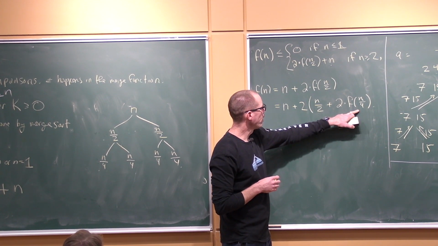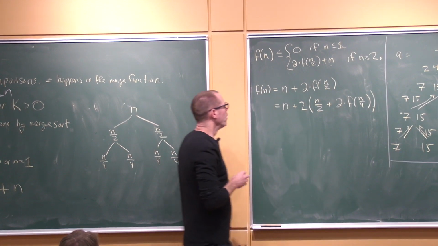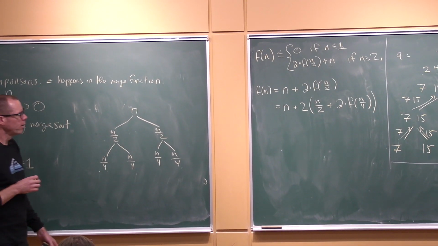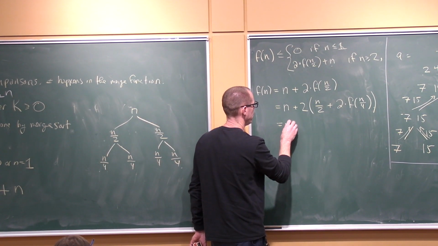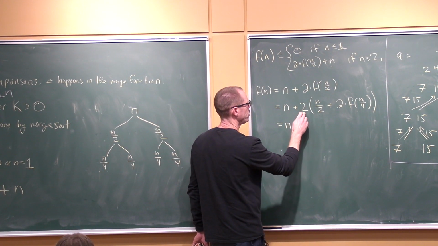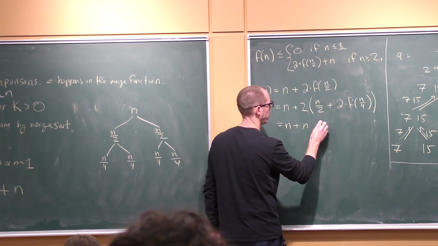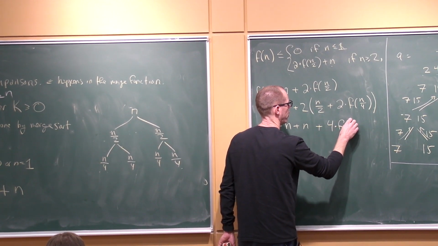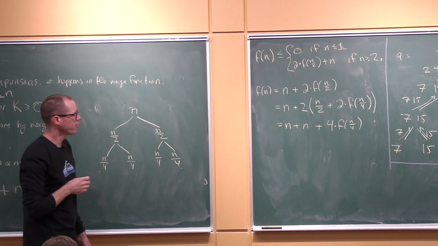There's your 2 times n over 4. Okay? And we can write that slightly differently. 2 times n over 2 is n, and 2 times 2 is 4. It looks like that.